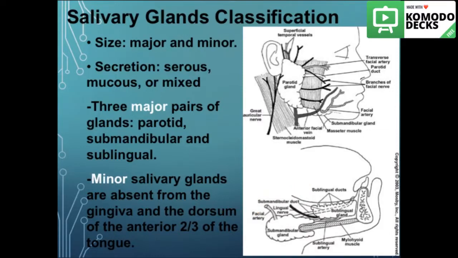Also, we have minor salivary glands throughout the oral mucosa, except in the gingiva and the anterior 2/3 of the dorsum of the tongue, where we have absence of minor salivary glands in the connective tissue. In the submucosa, sorry.